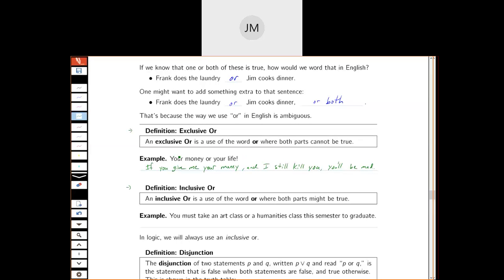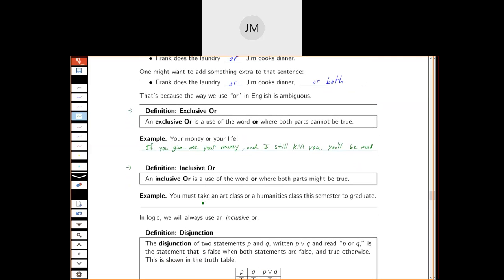And I think that's really common in the English language, but we can also have something called the inclusive or. The inclusive or is where we say, okay, the first one or the second one, or we could also have both. So you must take an art class or a humanities class this semester to graduate. If you take both classes, you'll still graduate.